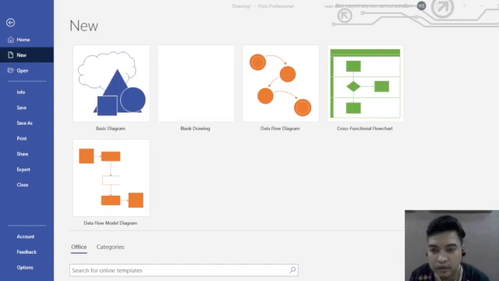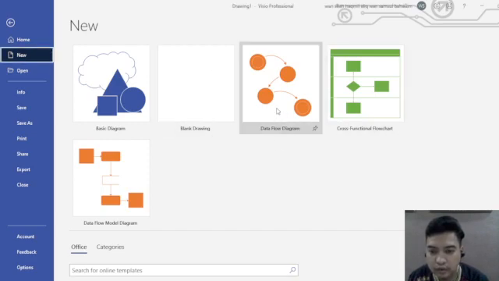For question 2, prepare a level 0 data flow diagram of the SNS account payable. For this question, I'll also use the data flow diagram.